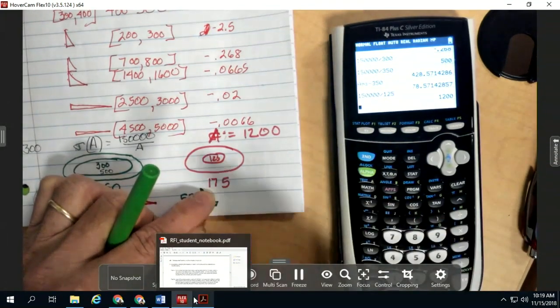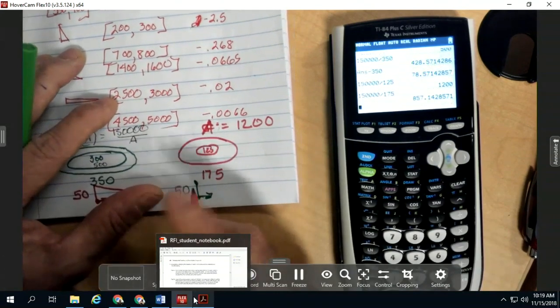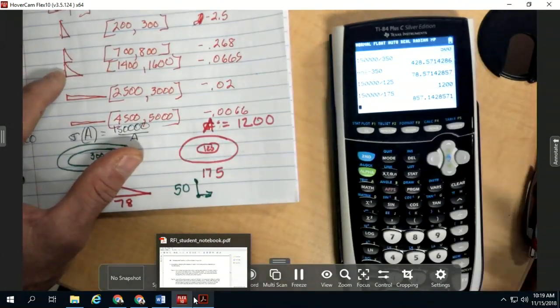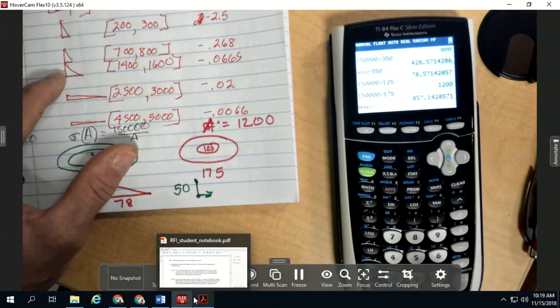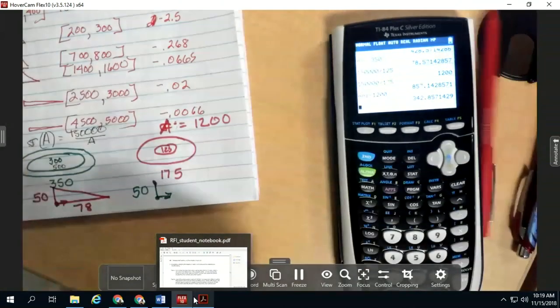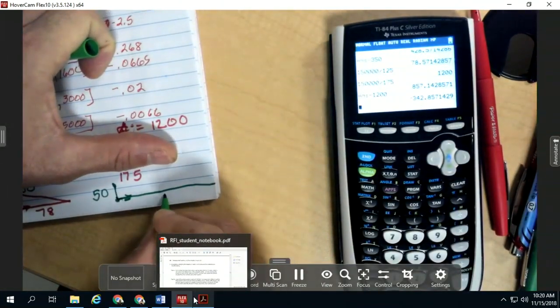Now we want to increase the stress to 175, so 150,000 divided by 175 is 857. 1,200 minus 857, so in this case we have to go over 342.